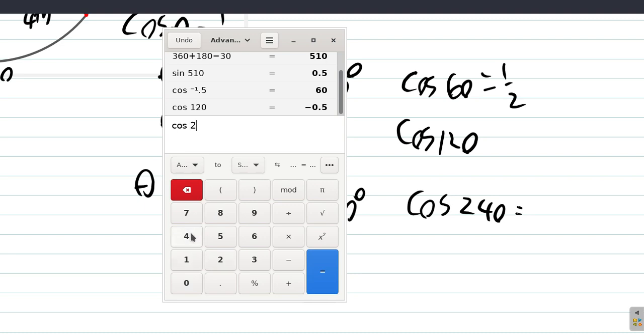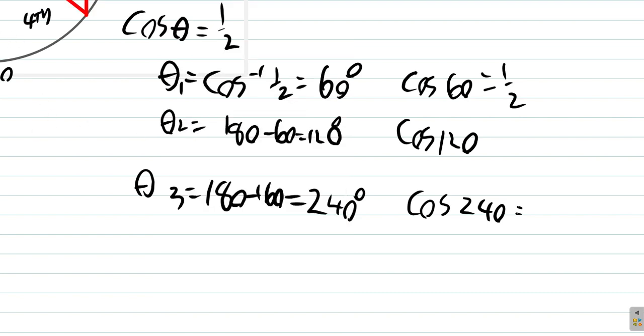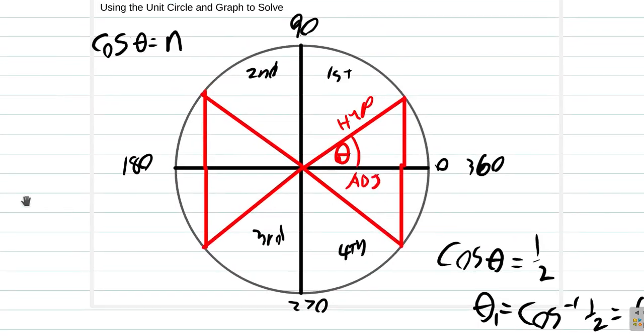Cosine of 240 equals the same number, but it's negative. And again, it's negative because the adjacent runs to the left. So a negative adjacent over a positive hypotenuse will give you negative 0.5.